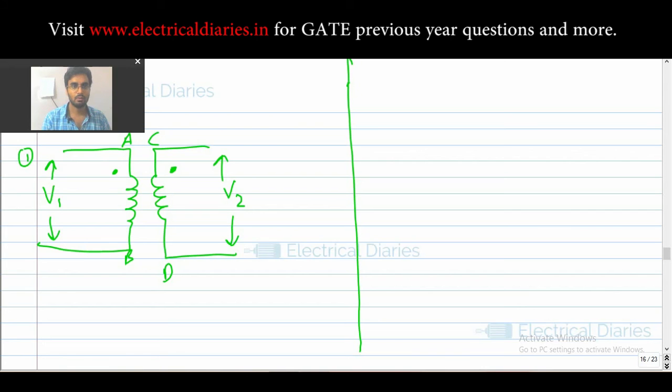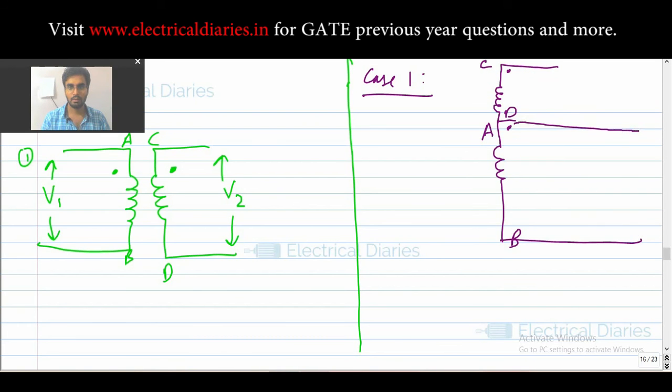So my case 1 will be: I short A and D. A and D short means this is my A side, and D will be above this, this will be your B, and this will be your dot, and this will be your C, with AB as common winding.